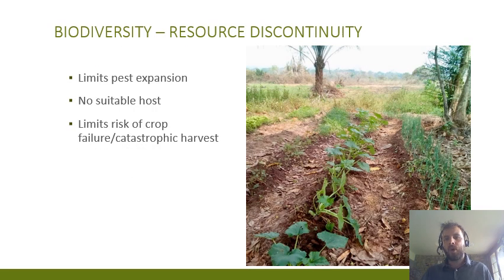So first, biodiversity. Why does biodiversity help us to limit the attacks of pests and disease? First of all, we have what we call resource discontinuity.